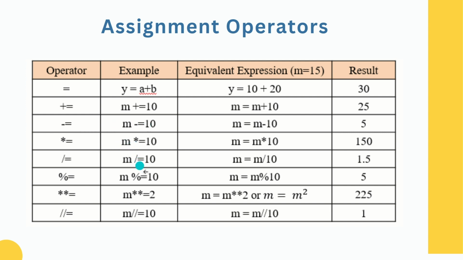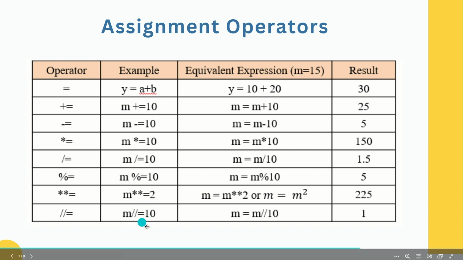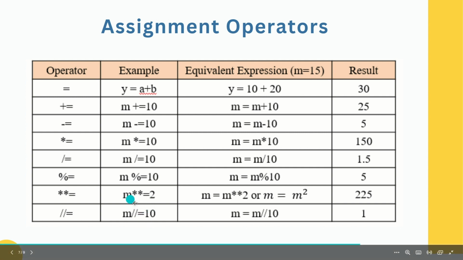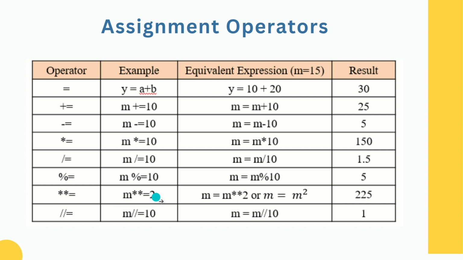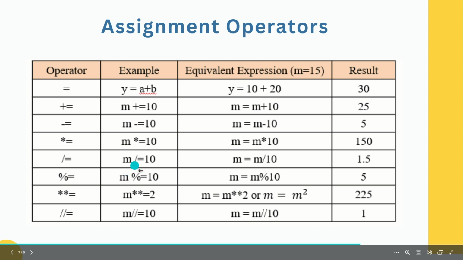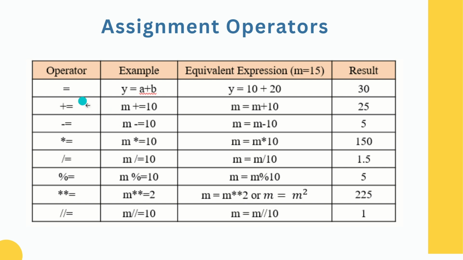Similarly with multiplication, division, mod, exponent, and floor division, like if you write m asterisk asterisk, you make the asterisk twice, equals 2, that also means m equals m raised to 2 or m equals m square. Similarly with floor division, m double slash equals 10 means m equals m floor division 10. So this is again pretty simple once you understand it, and we'll see it using the code.